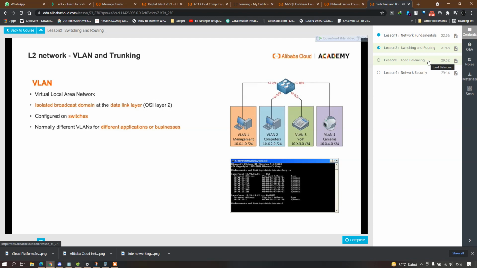VLANs are configured on switches. If you have a switch, you can create many VLANs on it, and each VLAN is isolated. With this feature, we normally put different applications or businesses in different VLANs to do application isolation in the layer 2 network.